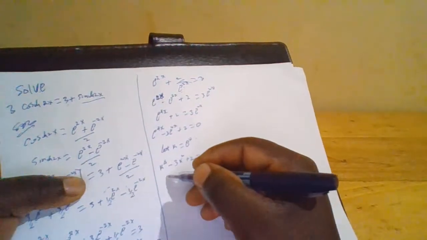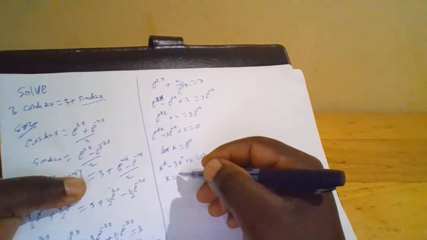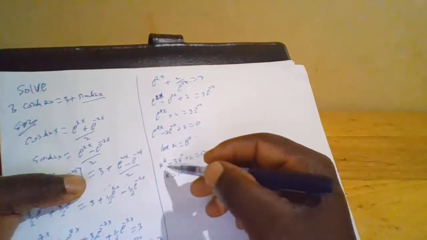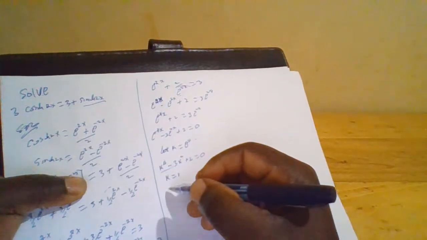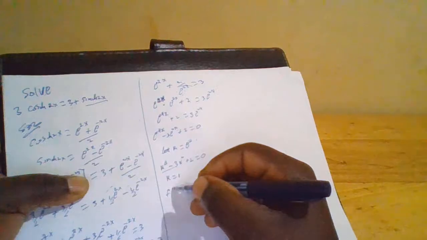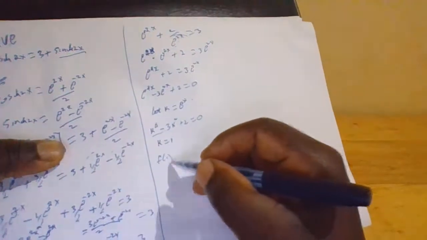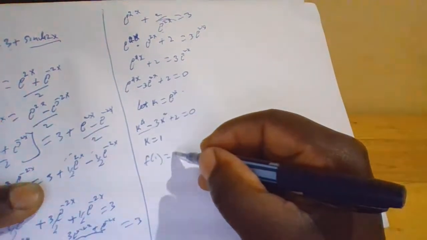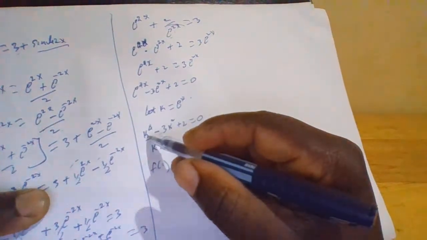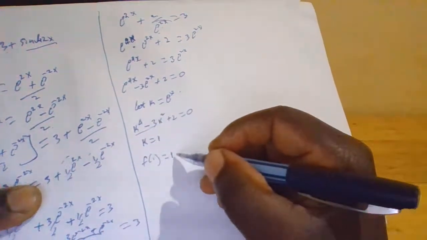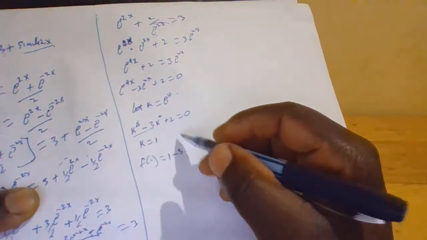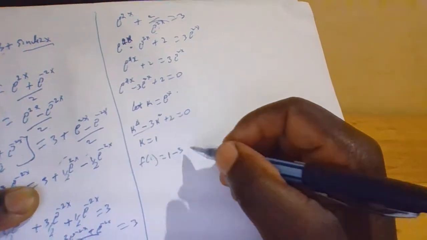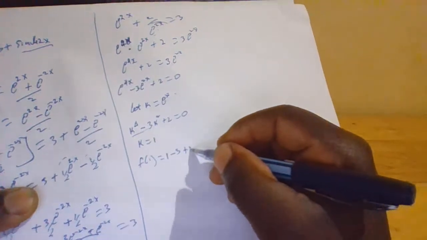Let us try when k equals 1. When k equals 1, f of 1 will be equal to 1 raised to 4, which is 1, minus 3 times 1, which is 3, minus 3 and then plus 2.